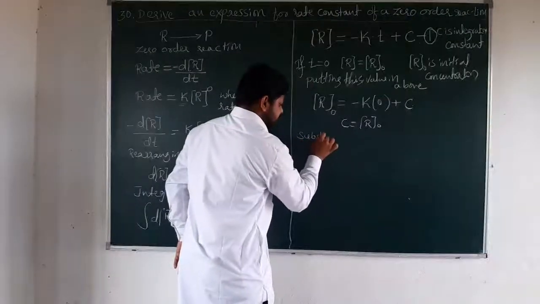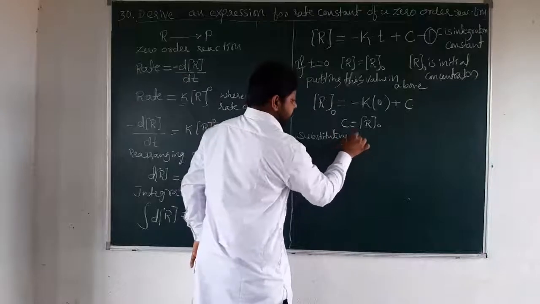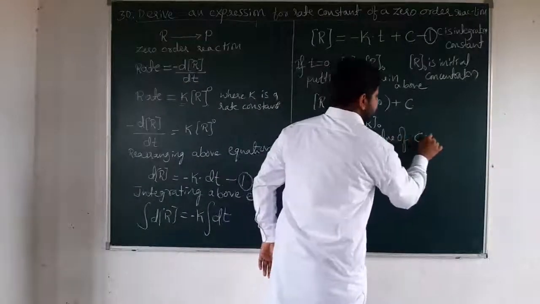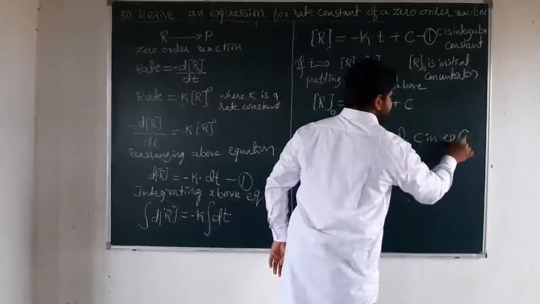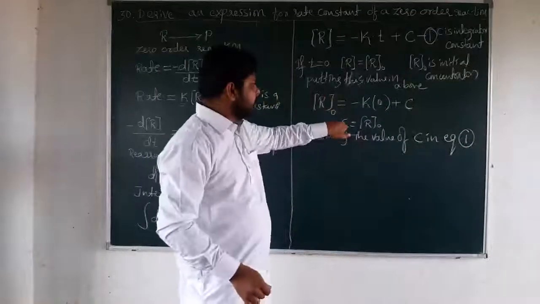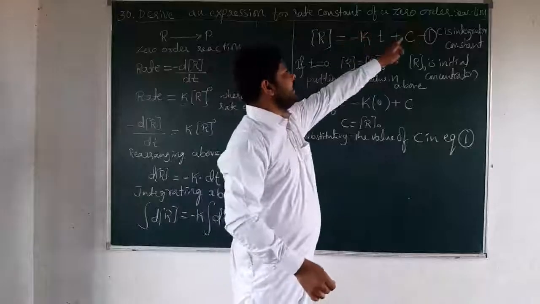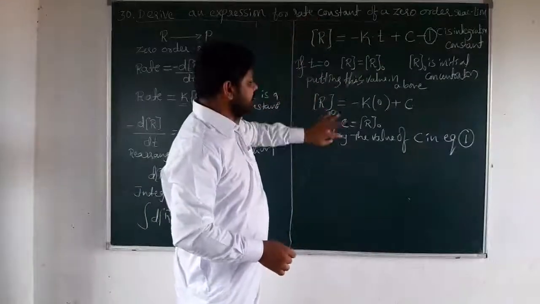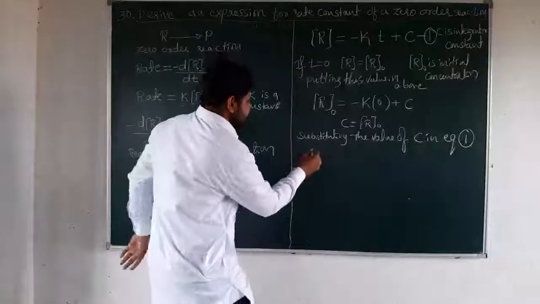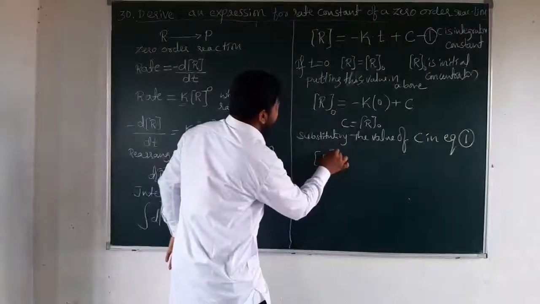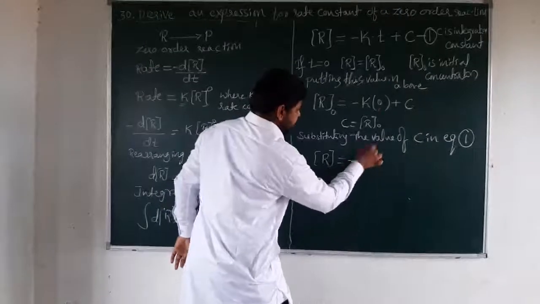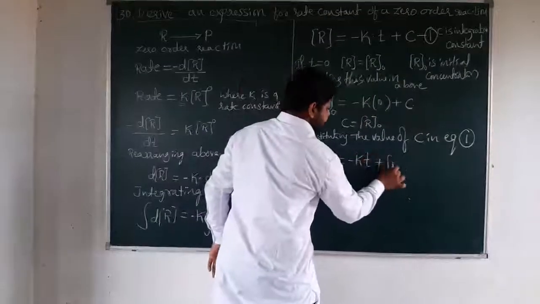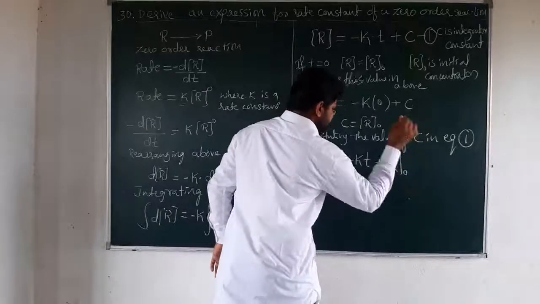Substituting the value of C in equation 1, this is our equation. Now [R] equals minus k t plus, in the place of C, [R] naught.